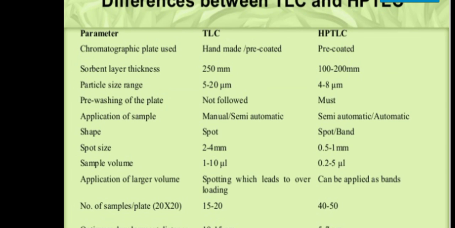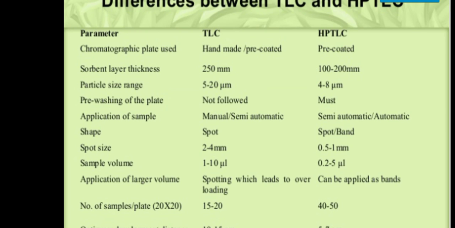In case of application of a larger volume in TLC, spotting leads to overloading, so clear separation will not take place. In HPTLC, it can be applied as a band instead of a spot. And in TLC, the number of samples or plates, taking a 20 by 20 size, is around 15 to 20.